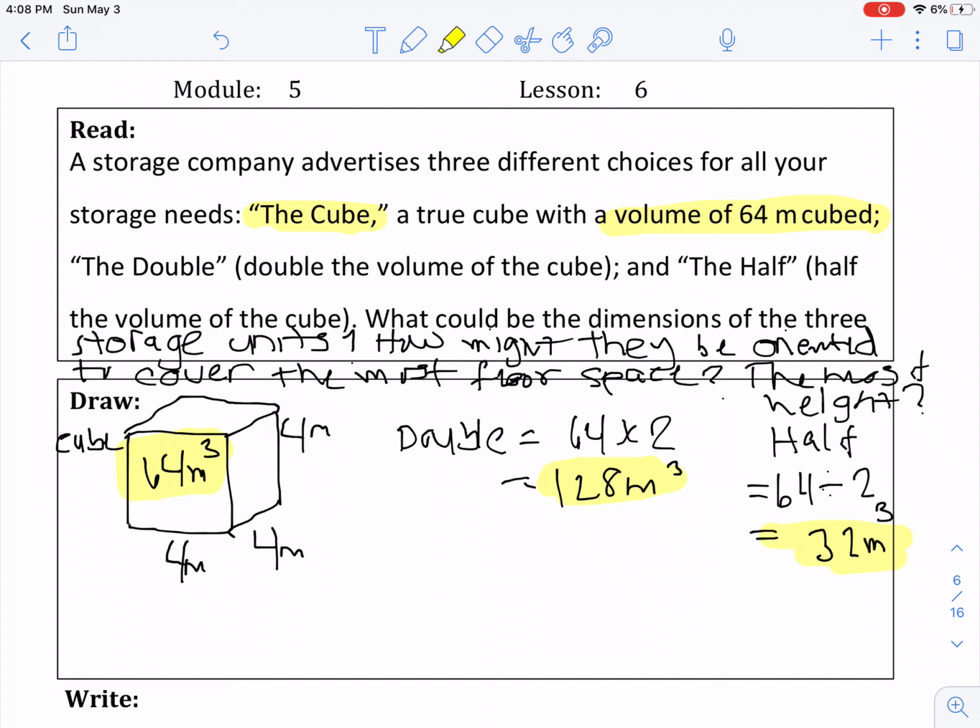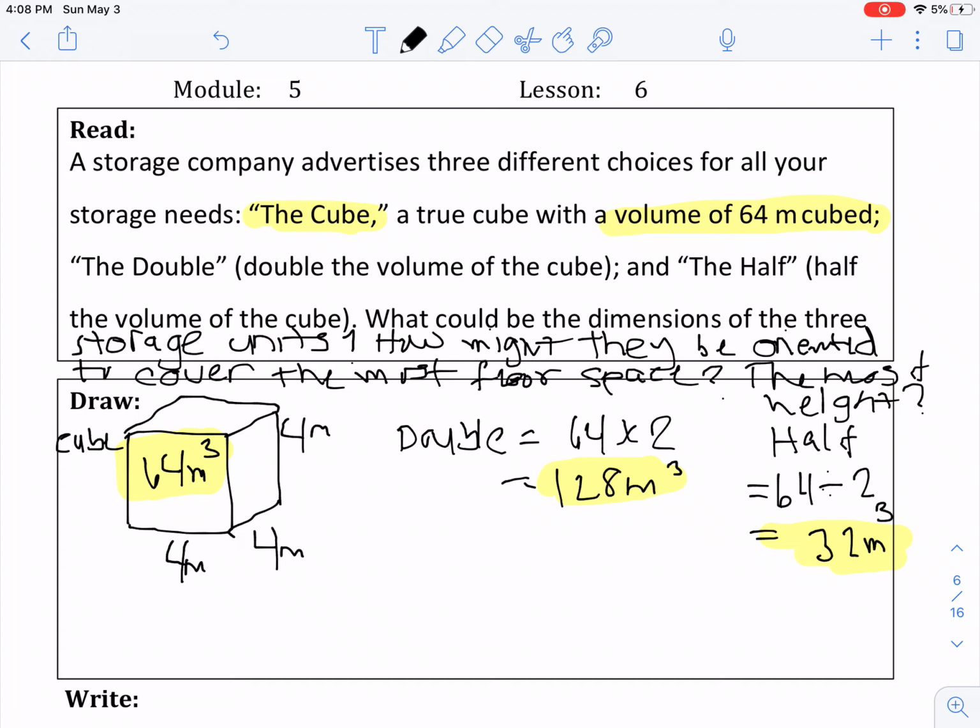So what could be the dimensions of the 3 storage units? So the cube dimensions could be 4 by 4 by 4, right? The double, we have the total volume, but the dimensions could be. So if we were to double this, that means we're going to stack another cube on top, or to the side, right?